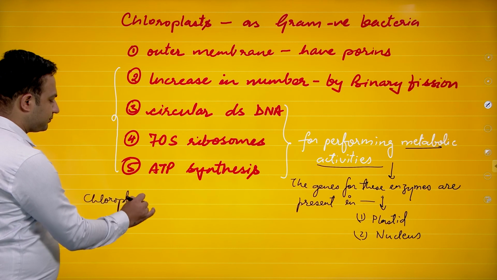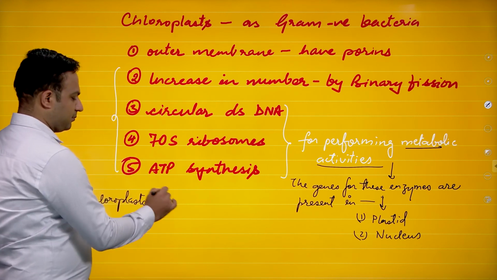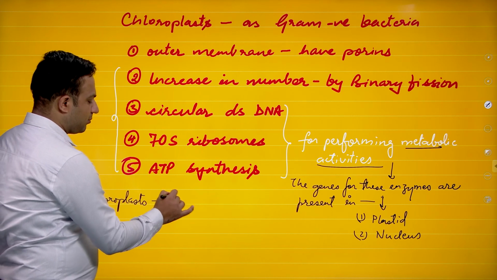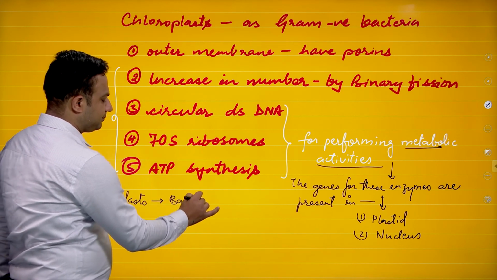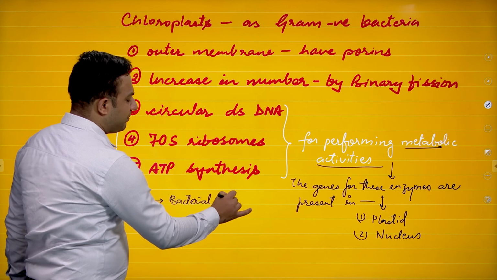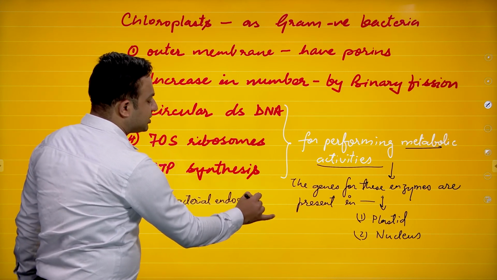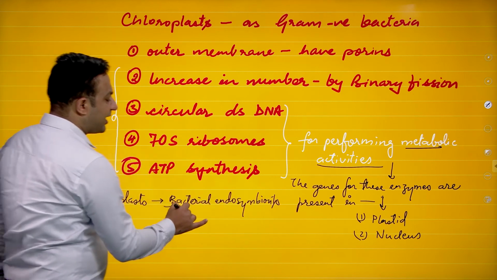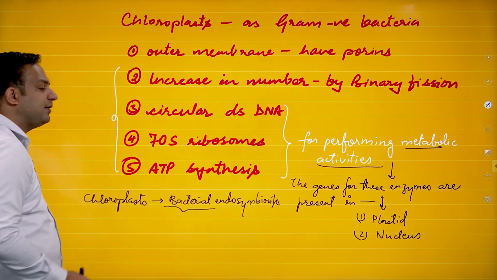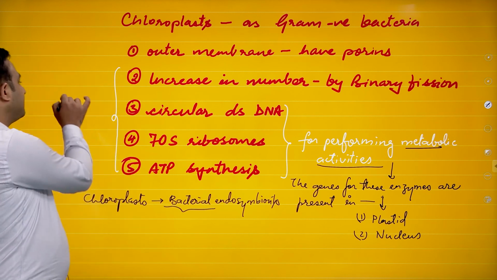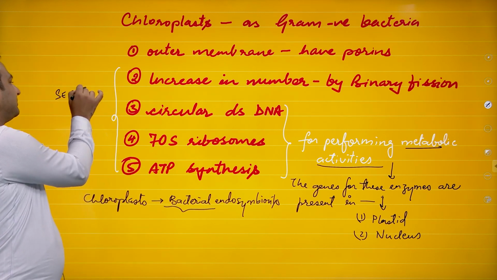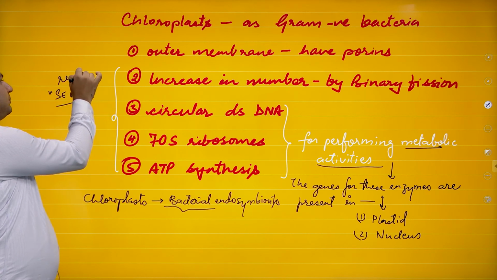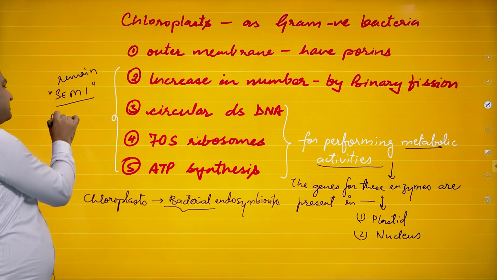Chloroplast is obviously like bacterial endosymbionts. So again, instead of writing them as autonomous, I will say they are not autonomous, they remain semi-autonomous.